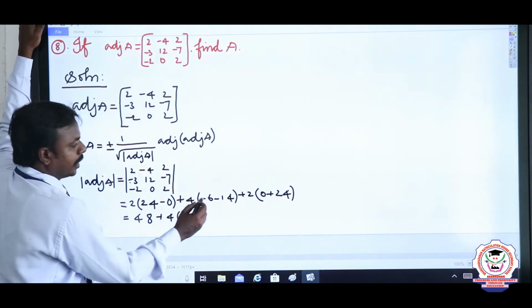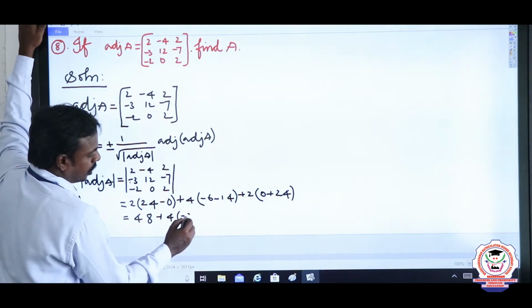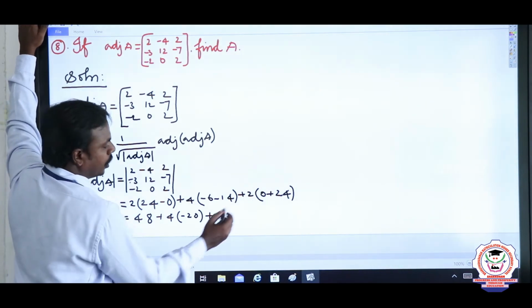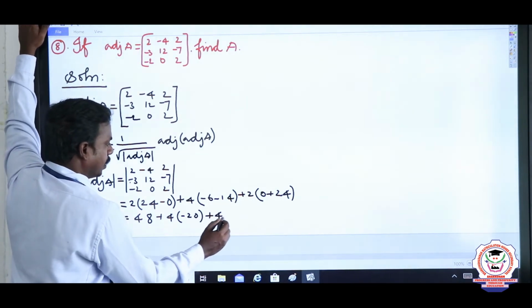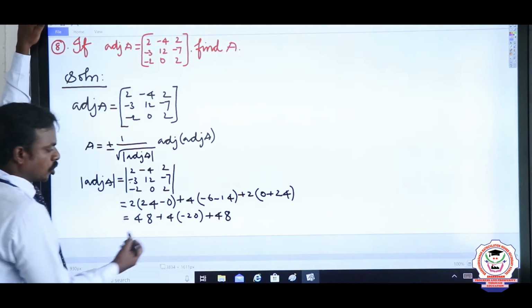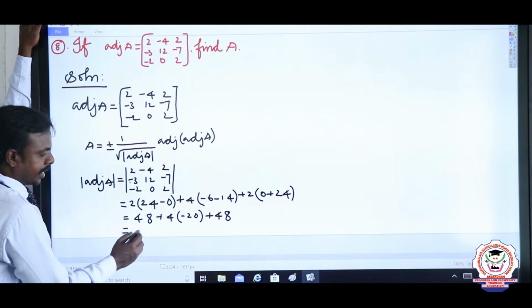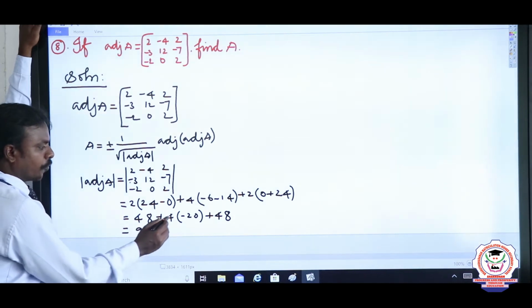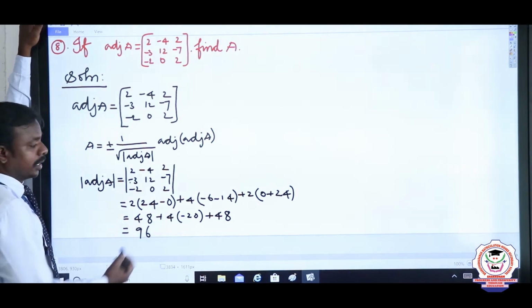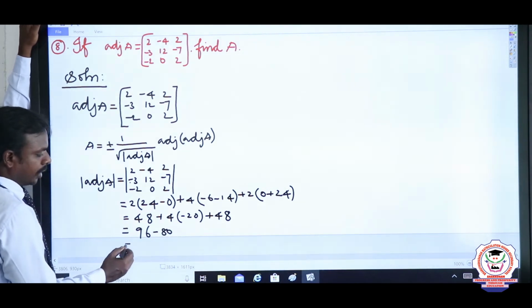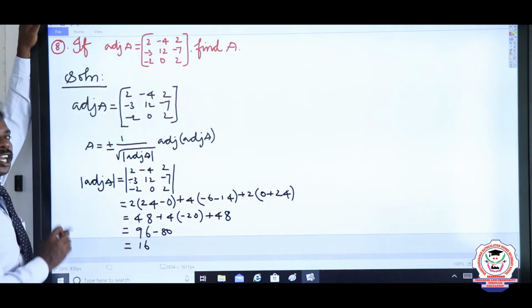What should come? Here minus 20 should come. Plus again 2 into 24, that is 48. Two numbers are positive, plus 48 plus 48, that is 96. Then 4 into minus 20 is minus 80. So 96 minus 80 is plus 16. Plus 16 is the determinant of adjoint A.